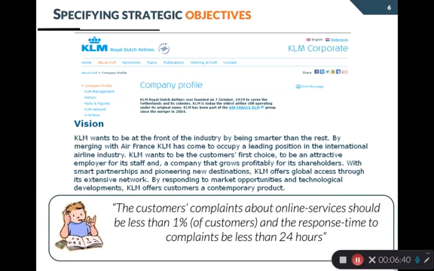And imagine that there you get the vision, and then based on that you see KLM wants to be a leading airline with very clear objectives, having less than 1% of the customers having issues, and if they have any issues, this should be solved within 24 hours.